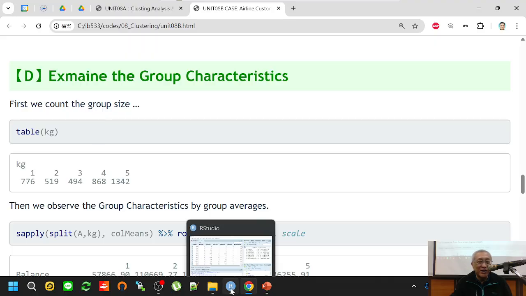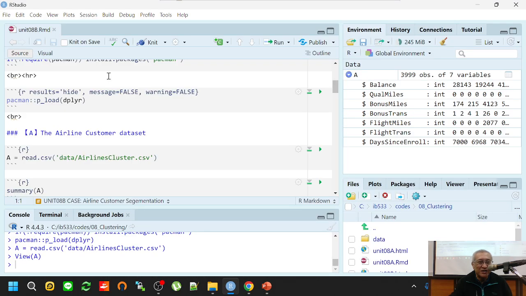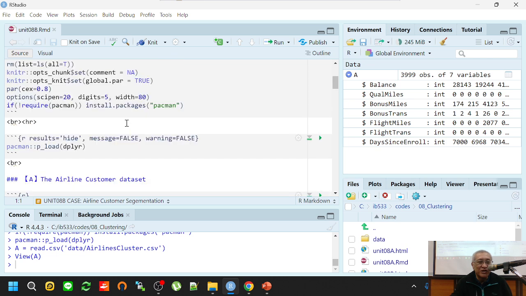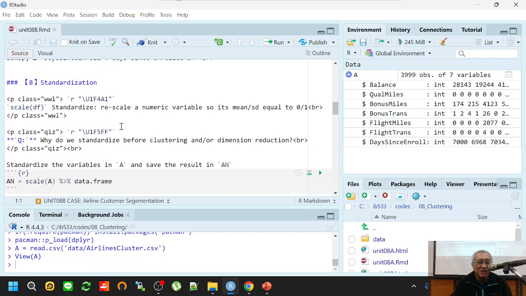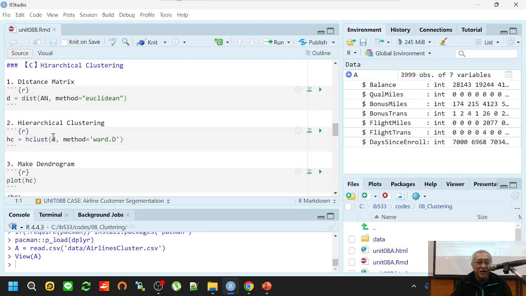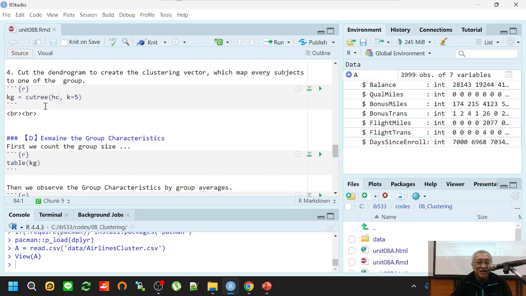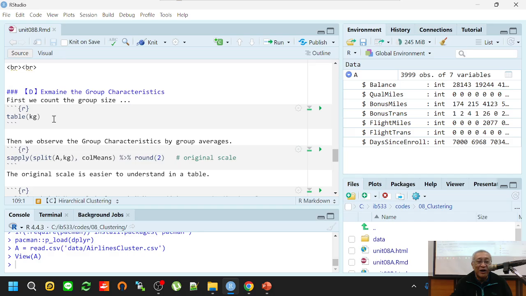As I told you, in practice, you don't really need to plot. After you have this HC, you simply cut it into the 5 groups, and then you can do a table on the group.